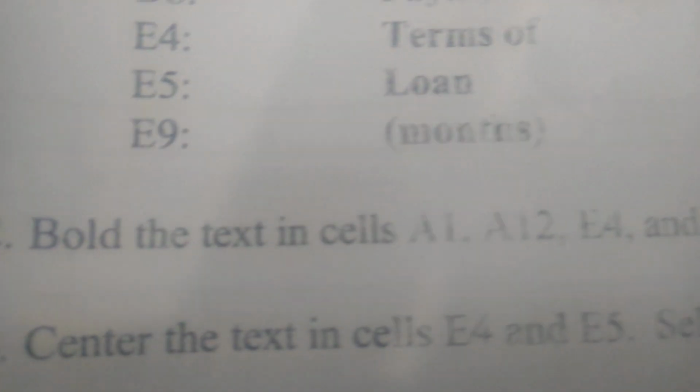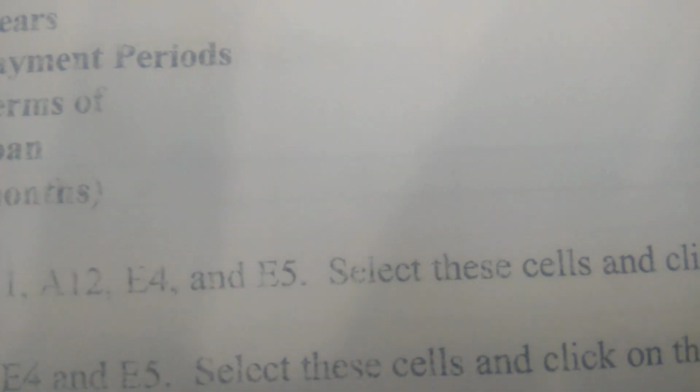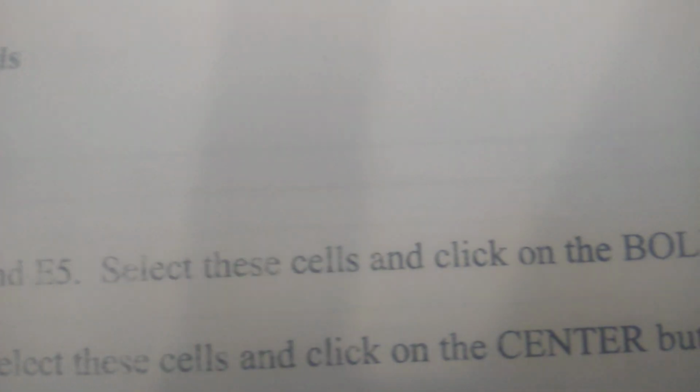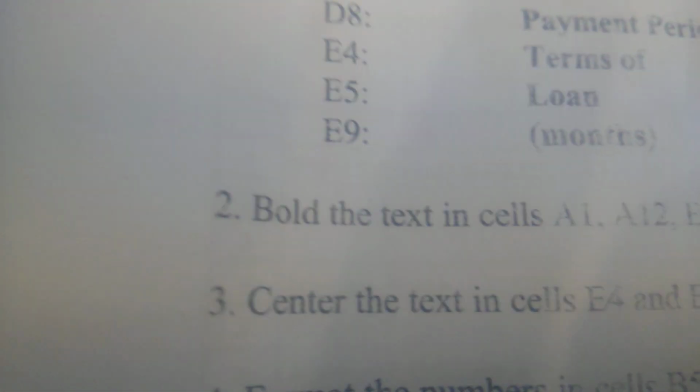Now the second step, bold the text in the cells A1, A12, E4, E5. Select these cells and click on the bold button. This is pretty much clear. This is very easy. If someone doesn't know, then you just need to find the format button.